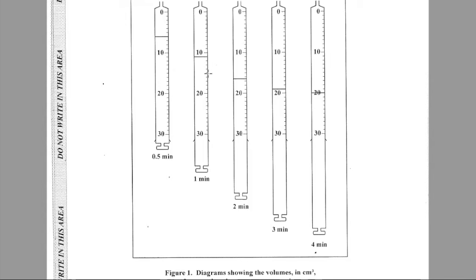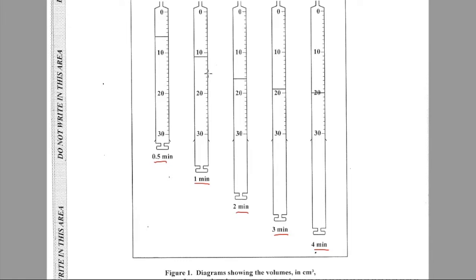We're looking at what volume is produced at the different times: 0.5 minutes, 1 minute, 2 minutes, 3 minutes, and 4 minutes. We're going to write these down, fill them into our table, and then use them to more than likely plot. That is what question 1 is about: some form of data analysis, mirroring what would normally be done in the lab. So the lab and the theory go hand in hand.